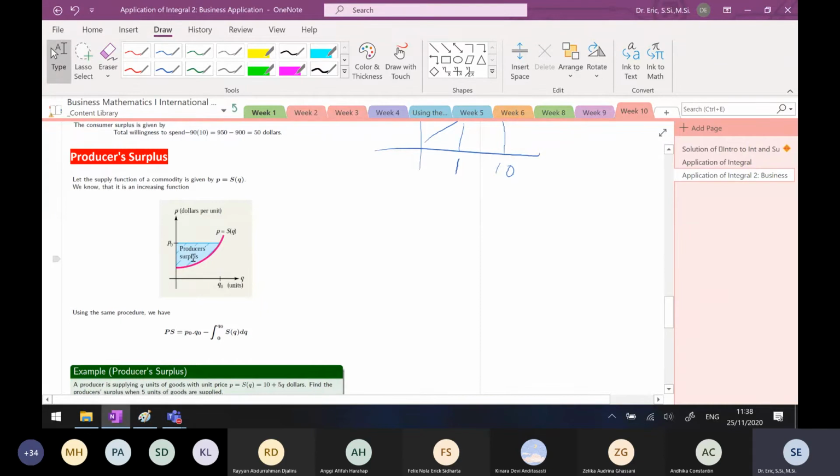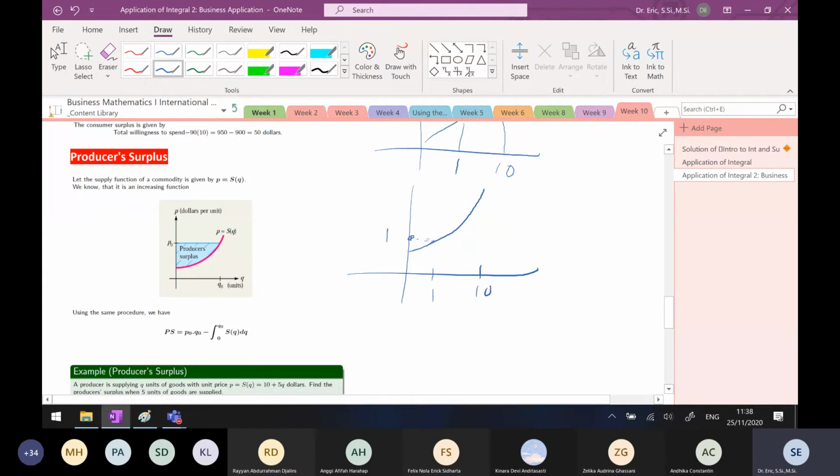Okay, so this is the producer surplus. If you buy 1 unit, the producer is expecting you to buy at 1 million.